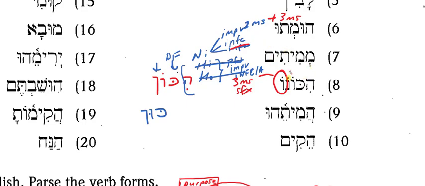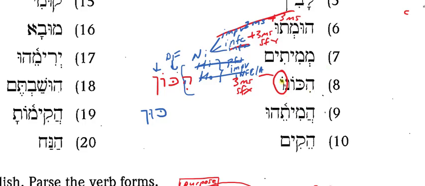So even though technically and in form, it's theoretically possible, given the meaning of kun in the nifal, it's not a possibility, right? So it's really only possibly a nifal infinitive construct plus the 3MS suffix. So how would I translate this? Hikkon as an infinitive would mean to be faithful, or the act or state of being faithful.